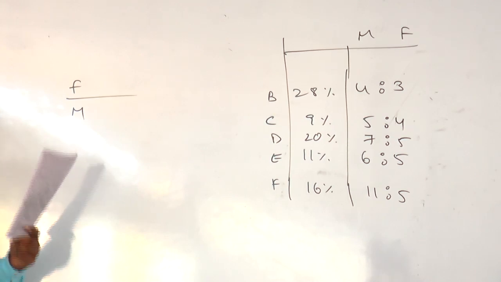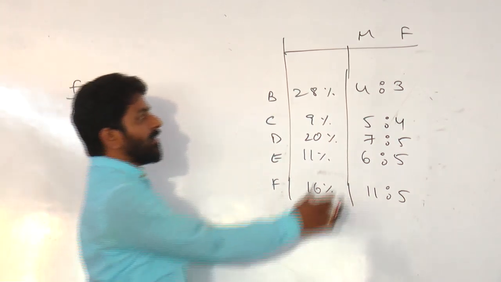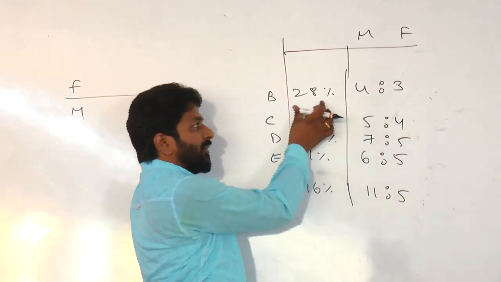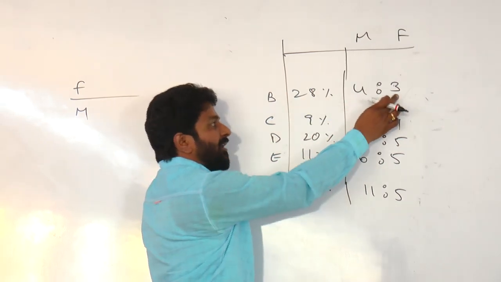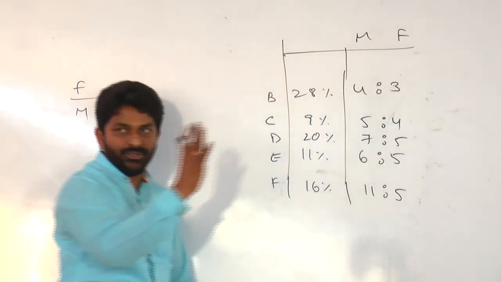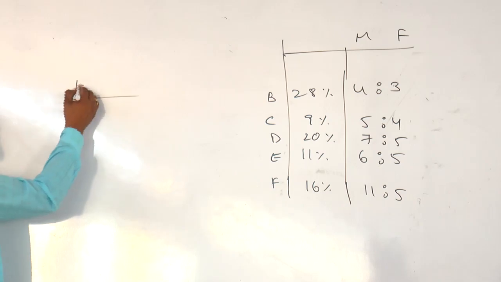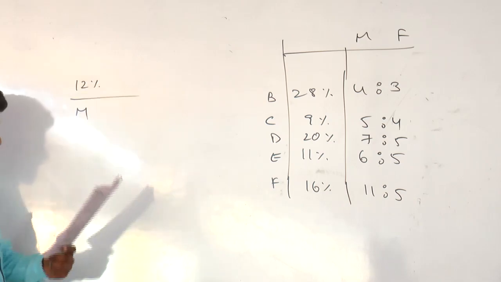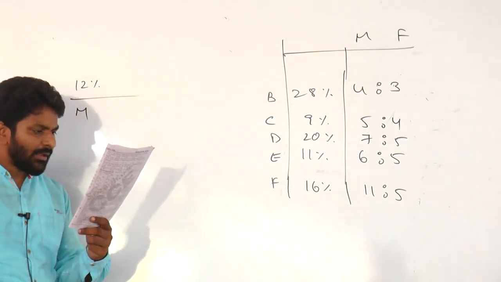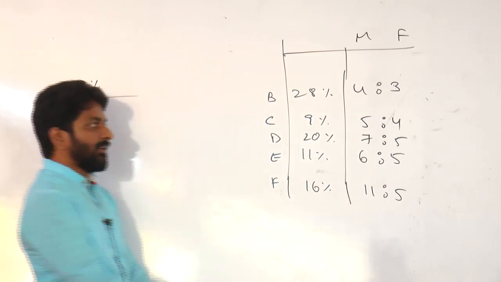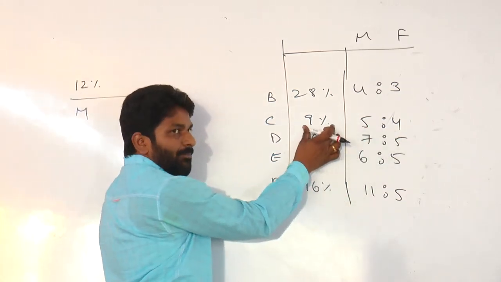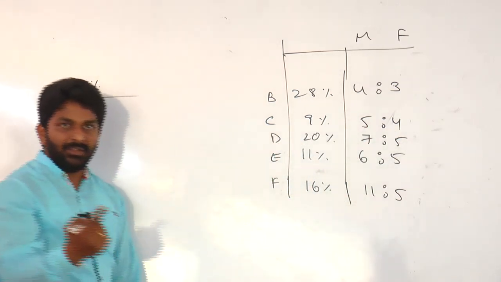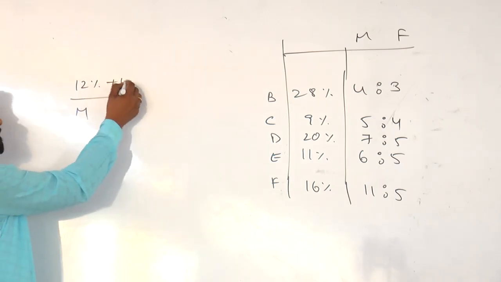Female from B and C. B, total we have 7 parts, 28%, 1 part, 4%. Female are 3 parts, 3/4, 12%. 12% from city B, and then city C. 9 parts is equal to 9%, 1 part is 1%, 4 parts 4%.